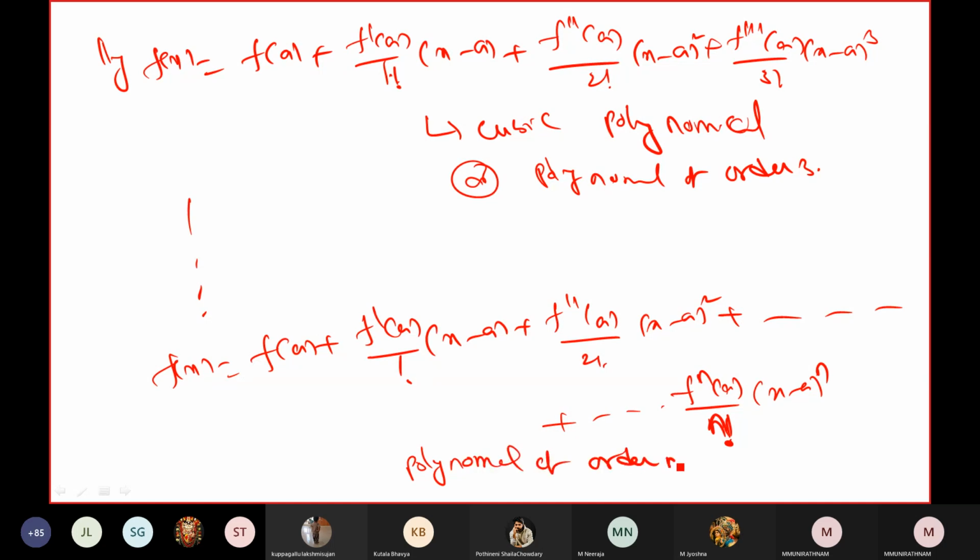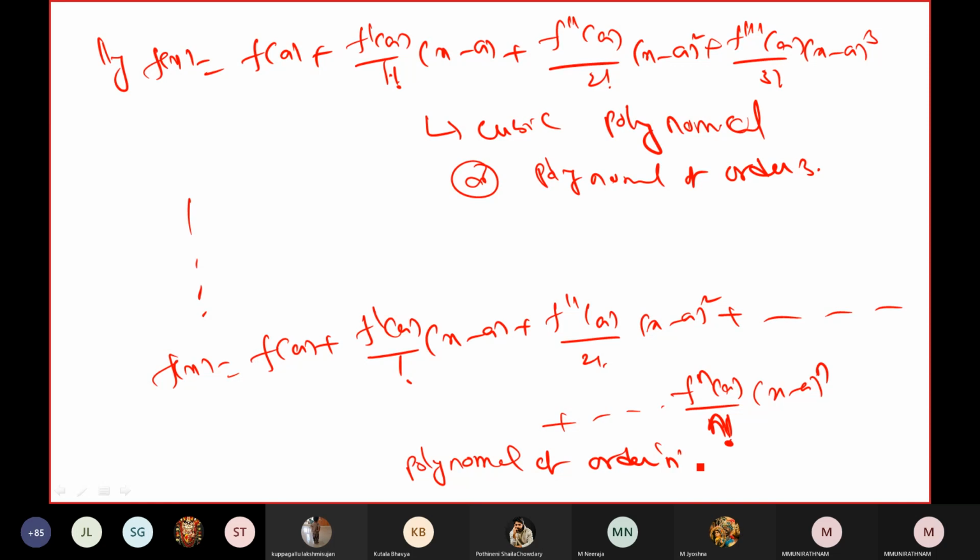This is called the polynomial of order n. Anyone having doubts? So that is the formula for expanding any Taylor series. If they ask up to order 1, you should write order 1. If they want order n, you should write order n.